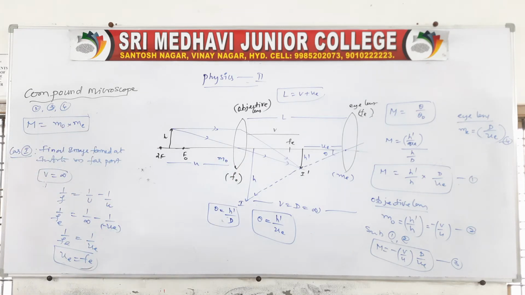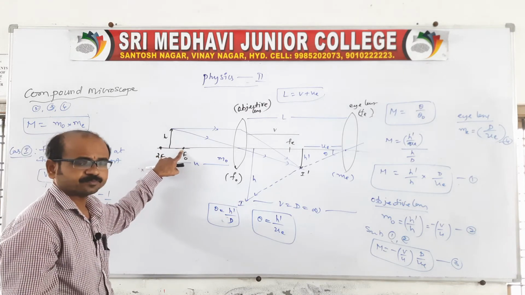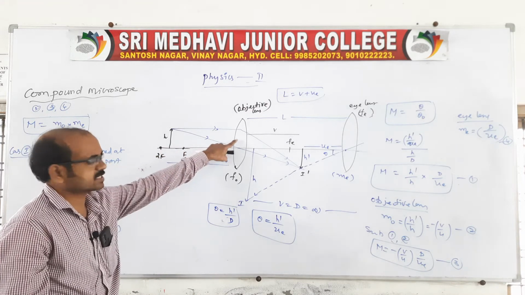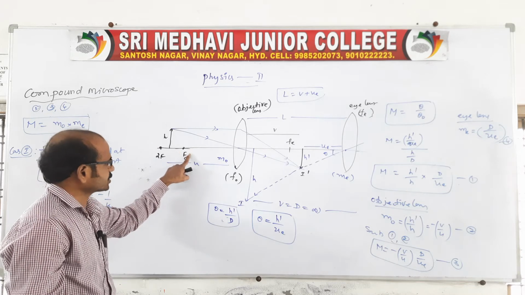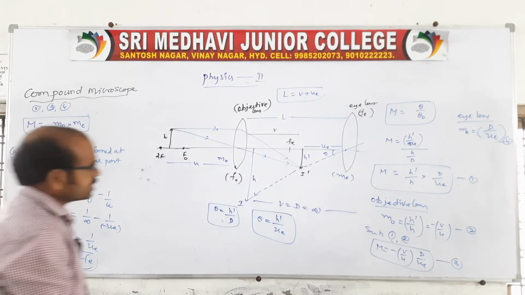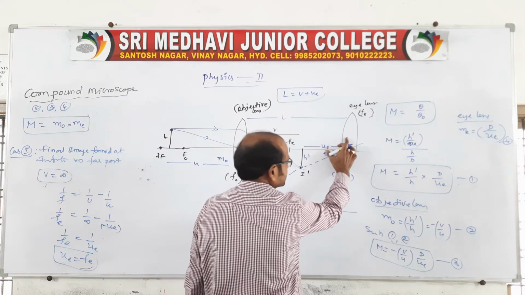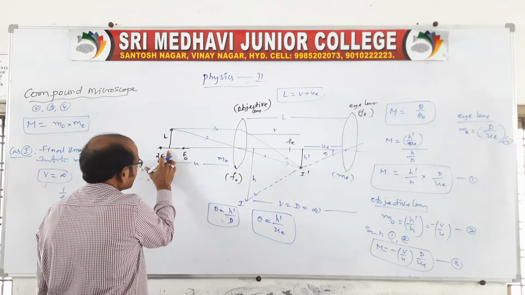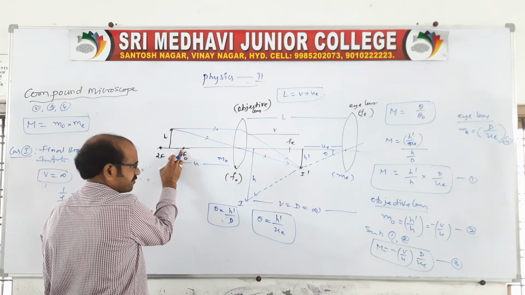And coming to case 2, we know u is equal to f naught. Suppose the object position is at f naught. Now by using this objective lens, when the object position is at f naught, the image will be very far from this lens, because the position of the object is shifted to f naught.